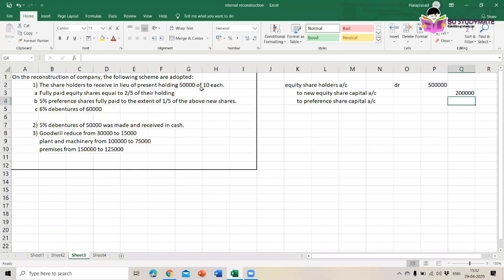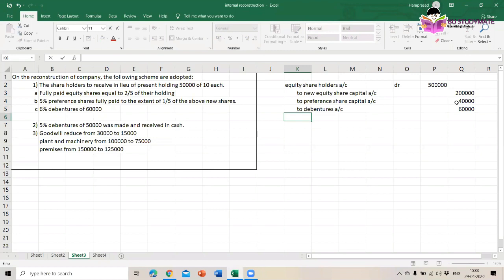Then the last is debentures. So debentures, how much? 60,000 rupees. So when we deduct 5 lakh minus 2 lakh minus 40,000 and minus 60,000, we are left with this. 60 plus 40 is 1 lakh and then this 2 lakh, 3 lakh rupees is the total shareholding pattern.